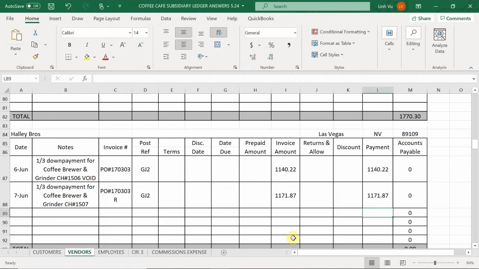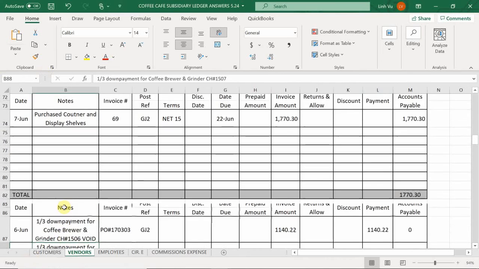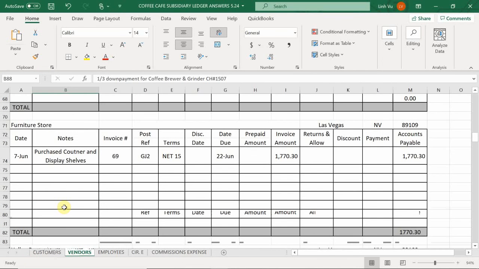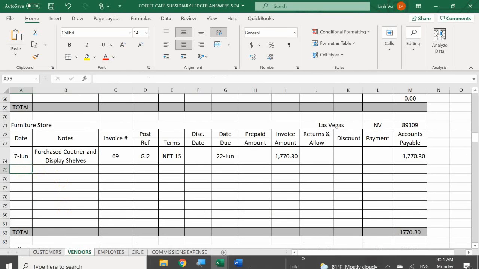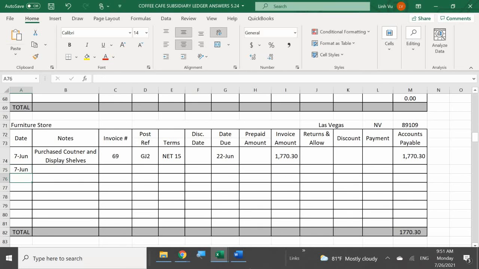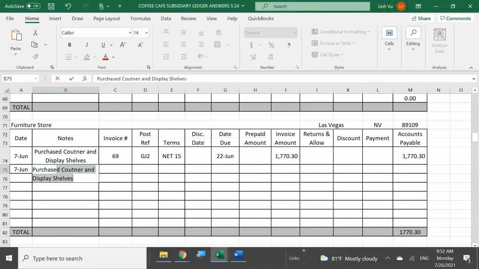The last section here is that we need to enter the information into our subsidiary ledger. So furniture store is right above Haley Bros. Now this is a completely separate invoice. So what did we purchase? We purchased a desk set.